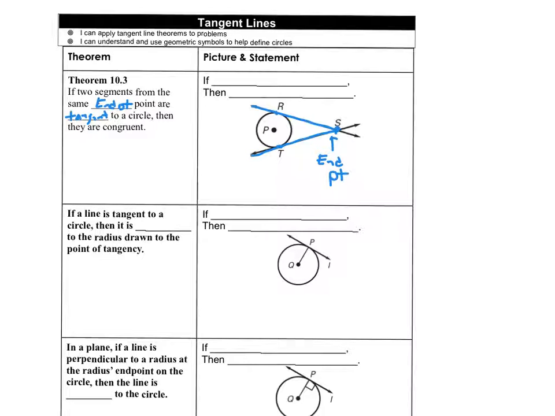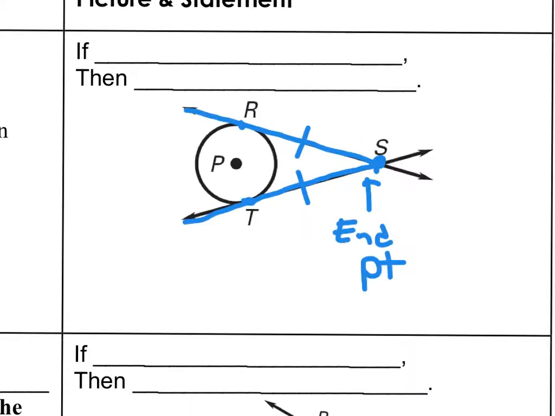Then we would say that RS and ST are the same. So if RS and TS are tangent to circle P, then RS is congruent to TS.